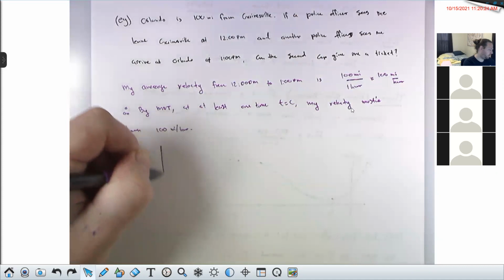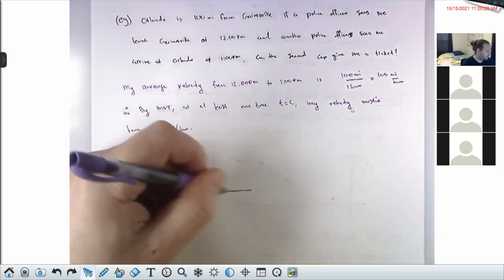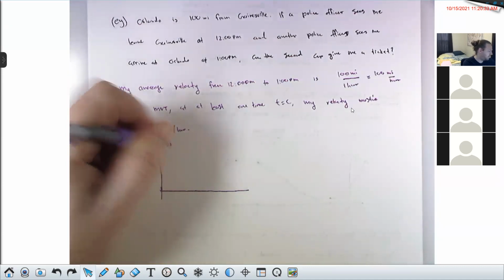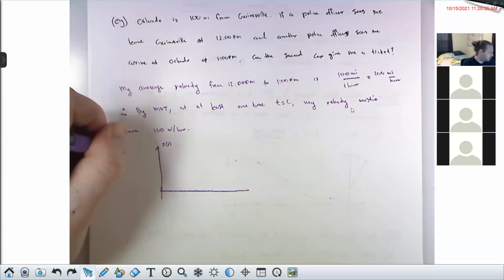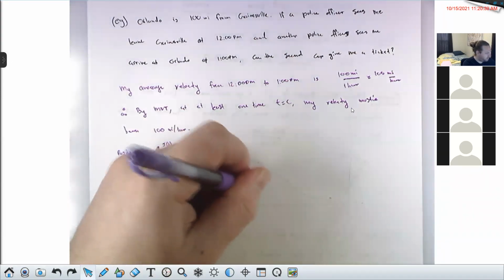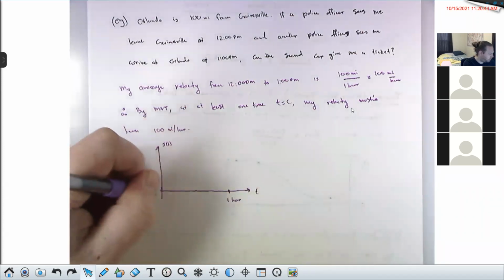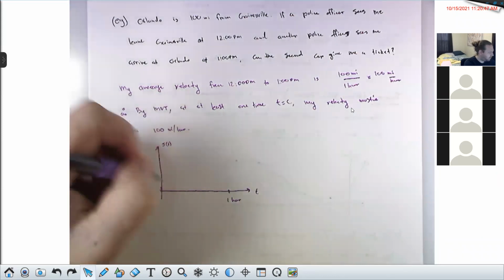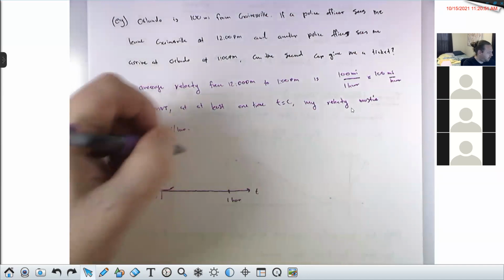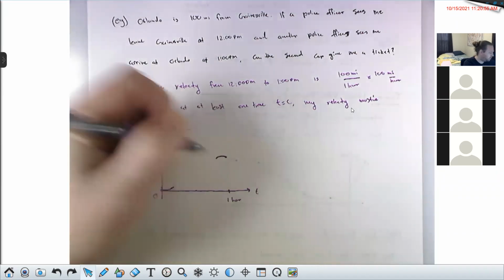So let me draw for you a possible graph here for S, my position. And here's my t-axis. Here's 1 hour. And over here is, of course, 0. Maybe I start off going slow. And if I'm going to arrive over here, I'm probably going to arrive going slow also.